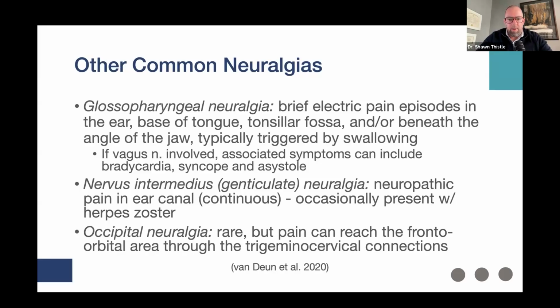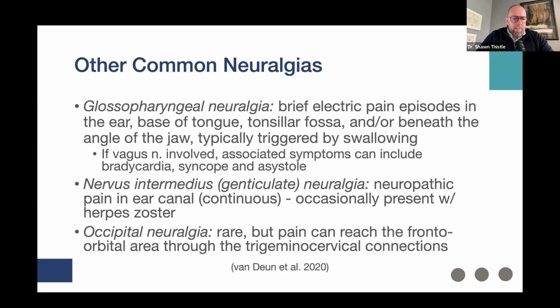It's not very common at all, but they will get brief electric pain episodes in the ear, base of their tongue, inside their head, tonsillar fossa, kind of up and under there and below the angle of the jaw. It can be exacerbated by swallowing. And in some cases, the vagus nerve is also tagged in this neuralgia. And if it is, you can get other symptoms like bradycardia, fainting, or asystole.